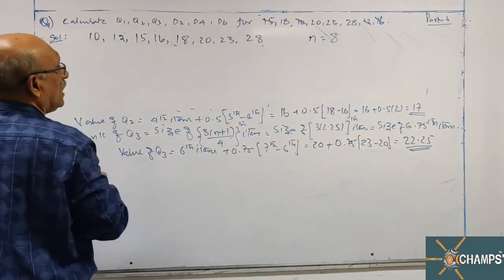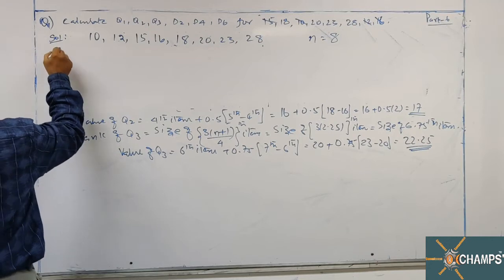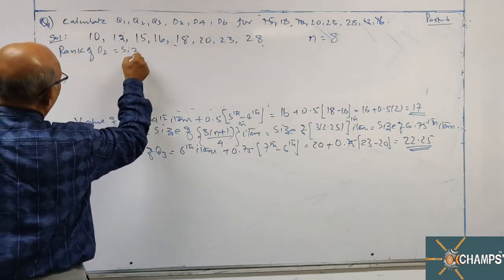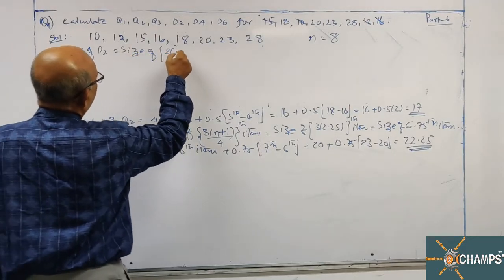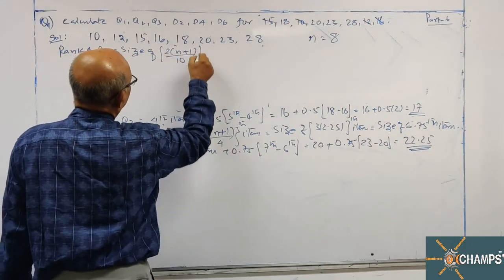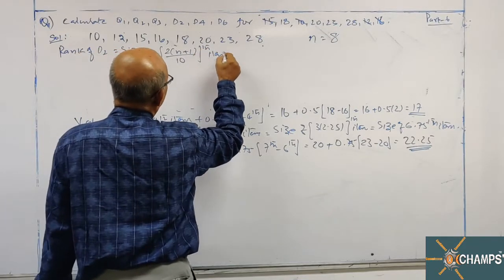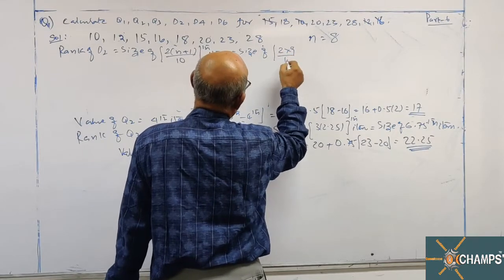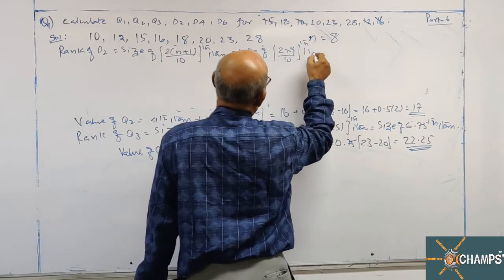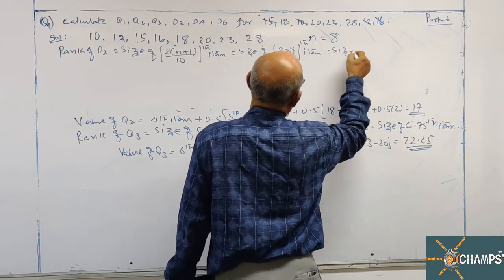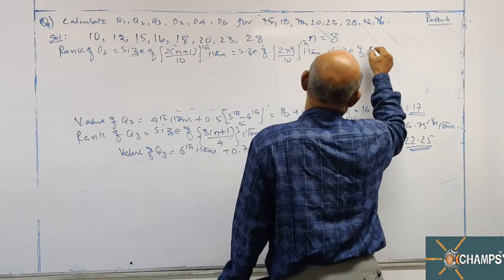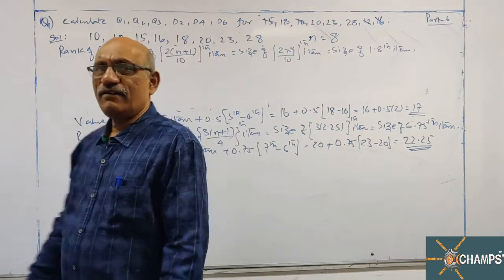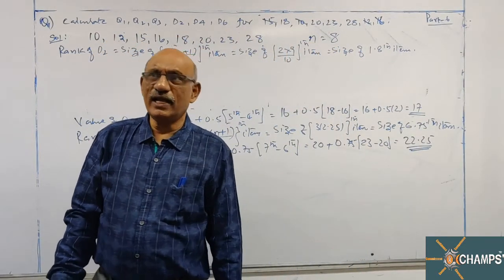Look at this, rank of D2. This is equal to size of 2 into (n plus 1) by 10th item. This is size of 2 into 9 by 10th item. This is size of 1.8th item. So we identified the rank of D2, means where it lies.